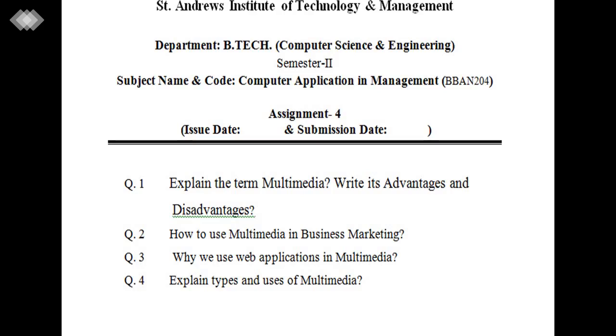So these are the questions based on the last section of the syllabus, which is section D. Before doing this assignment, we had covered all the syllabus. Some students have submitted and some have not submitted. So these are the assignments based on the Computer Application in Management subject.